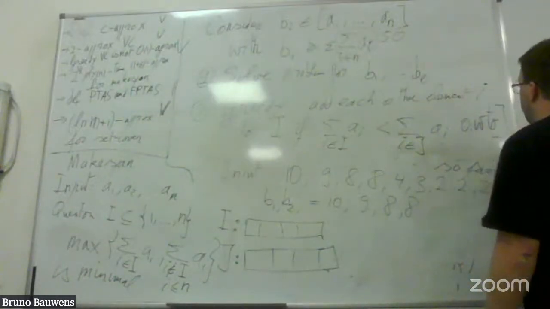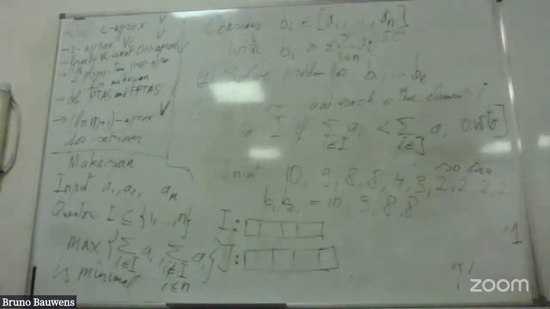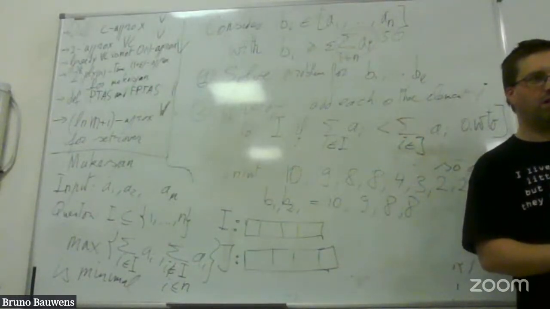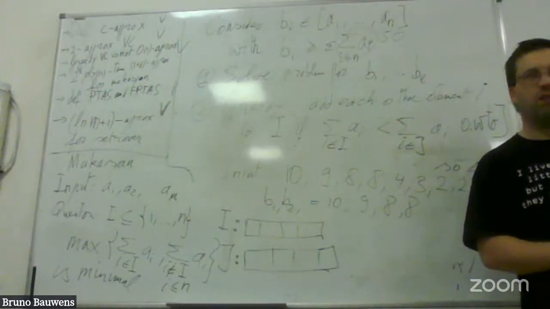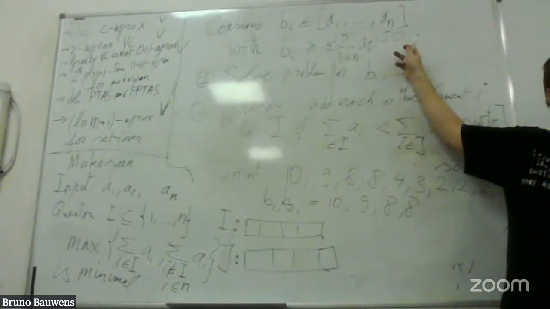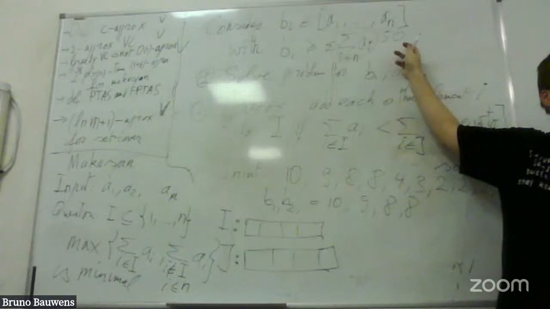I wanted to be consistent with what I write on the board here. Can you repeat your question? Why will we pick 1 divided by epsilon elements? If the array is an array of ones and epsilon is for example 0.1, then we will pick all of the elements.